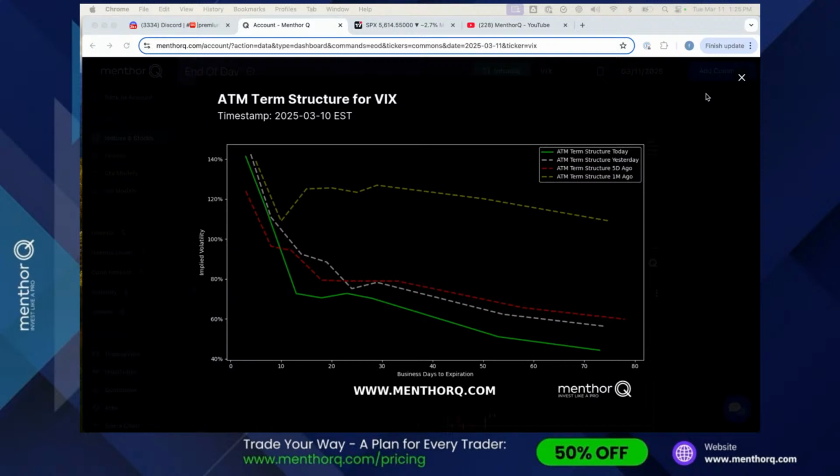Of course, that's also corrected for distance and time, but generally the expected move is greater out in time. Okay, so we have that going on.